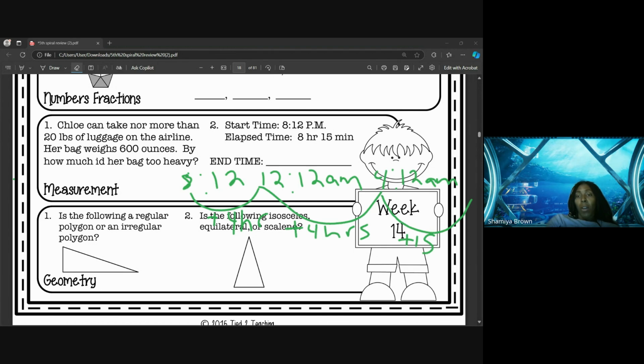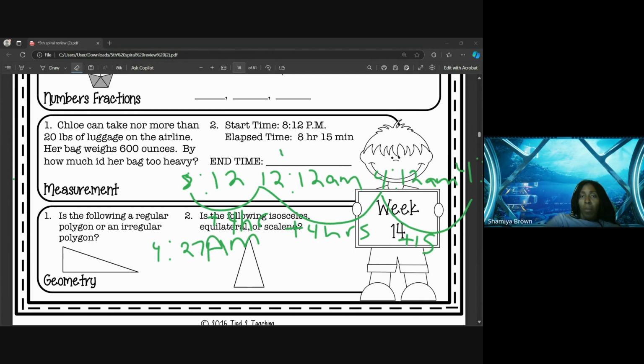So 12 plus 10 would be 22. Then I need to add 5 more: 23, 24, 25, 26, 27. So it'd be 4:27 a.m. Let me make sure. 12 plus 10 is 22, plus 5 more would be 27.